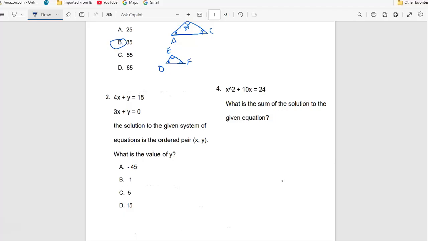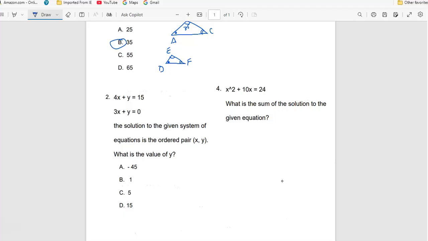But we're not looking for x, we're looking for y. You can use substitution, but it takes longer. So it's easier to find x first and substitute to find y.